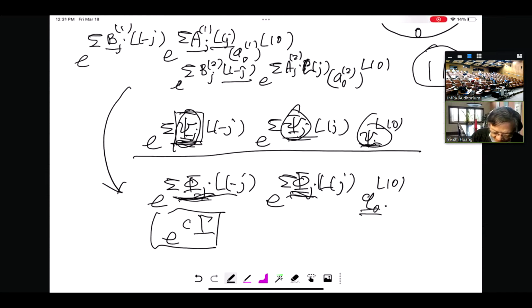And how do you prove that gamma is convergent? This is slightly more complicated. The gamma corresponds to the central charge, and the central charge is really described by the determinant line bundle over the moduli space. So here we have to use the determinant line. I will not get into detail.